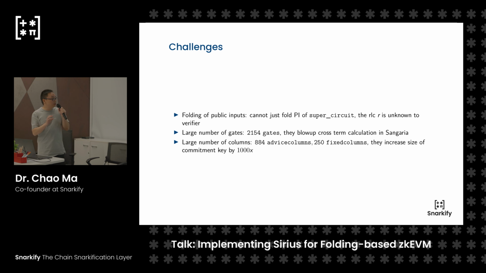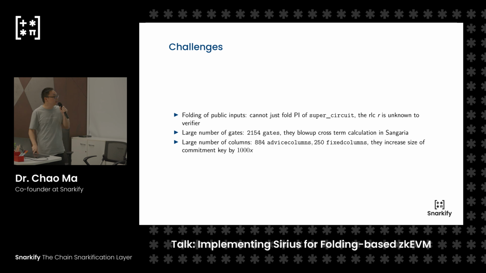However, from the verifier's point of view, during each step the verifier does not play with the prover. He just waits until the prover is done with everything. So he doesn't know what the randomness R is for each step. If you don't know R, you cannot get the folded value using the random linear combination with the public input, and you cannot verify the public input. That is the first difficulty we have to encounter.